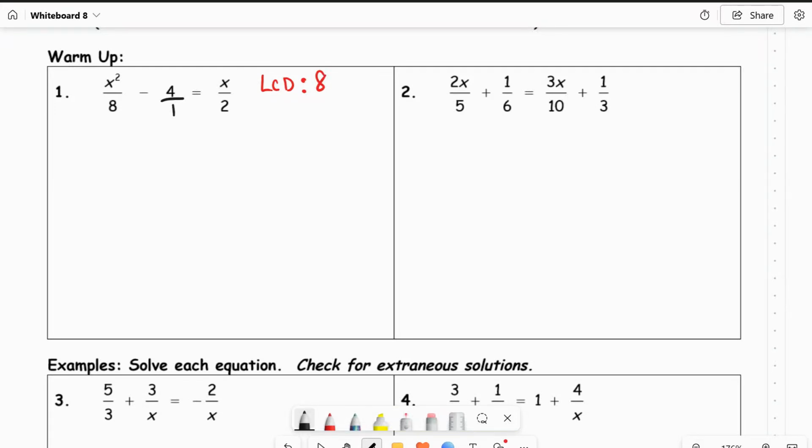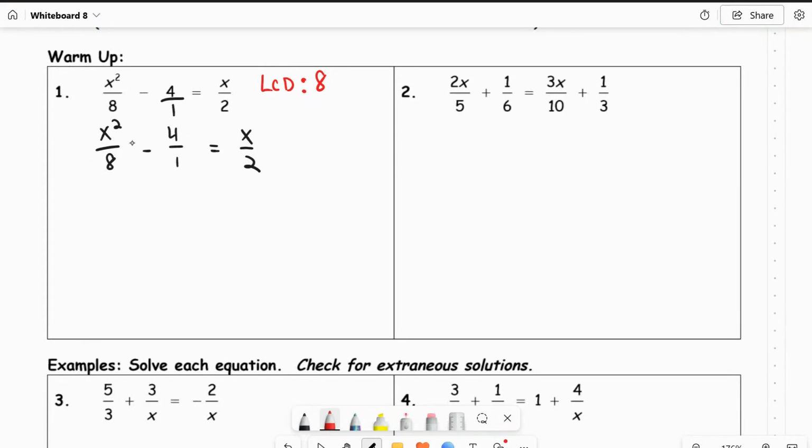If I rewrite these fractions here, x squared over 8 minus 4 over 1 equals x squared over 2, I want to multiply each of my fractions by a number so that my denominators equal 8.